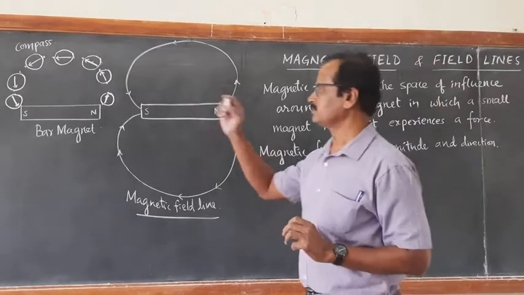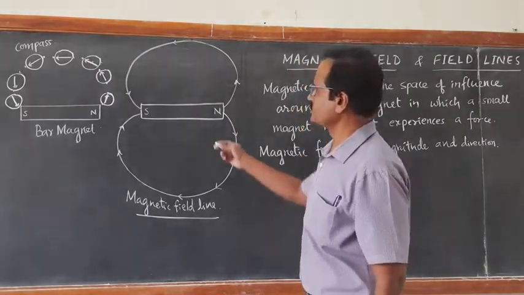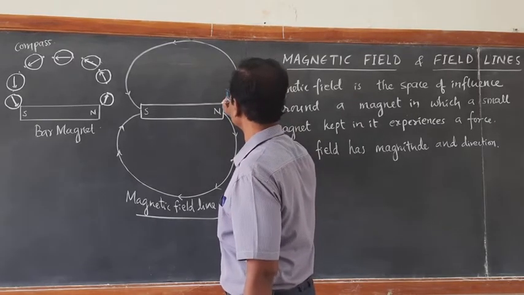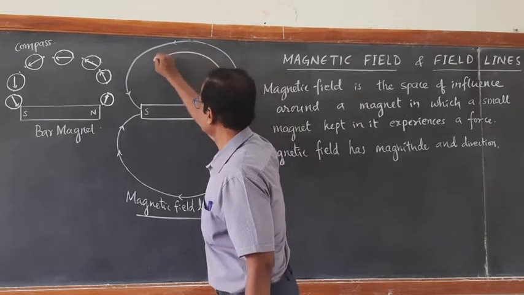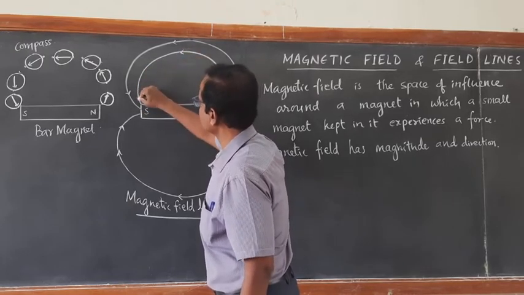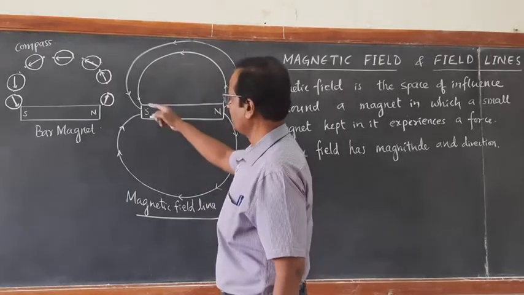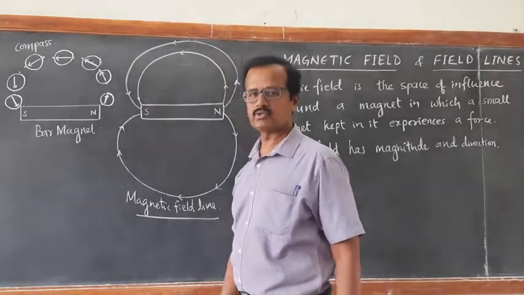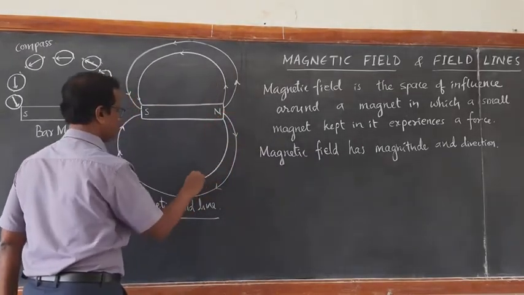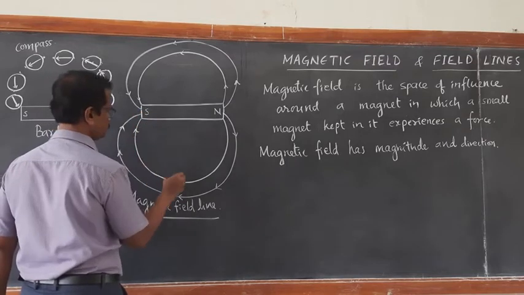That's what we have done, right? Now, if you change the position of this very close to the north pole, you will get another line like this, emerging from north and entering into the south pole. Similarly, if you draw from here, you will find a line emerging from north, entering at south.